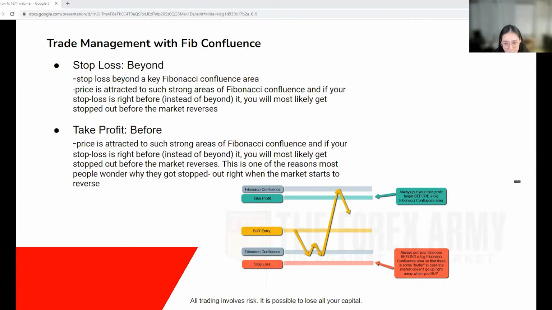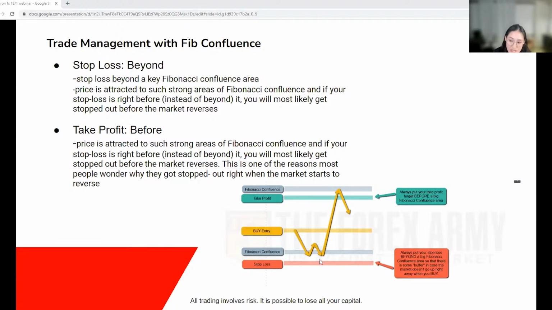And the reason for this is because when price reaches the confluence area, there's a high chance that it will not be able to go beyond it. So you can just ignore the slide here, but take a look at the image below. So our take profit is before the big confluence area. Why? Because there's a high chance that it will not be able to go beyond this area. So instead of reaching your profit target, it might reverse back to your entry, or even worse, your stop loss.